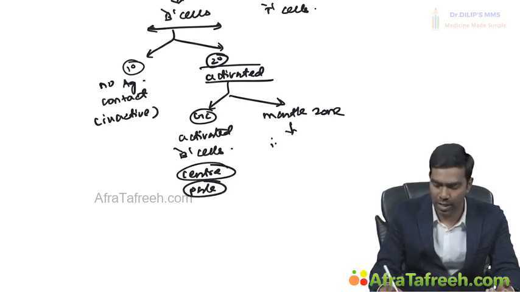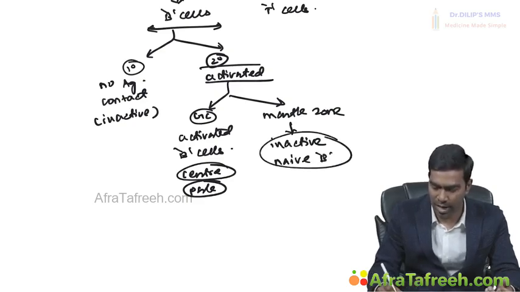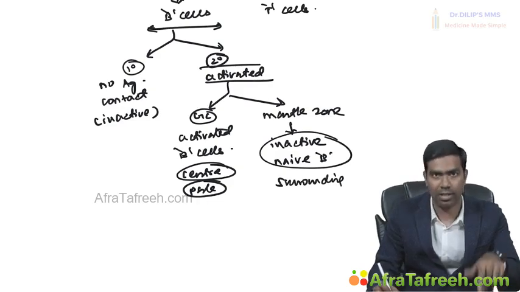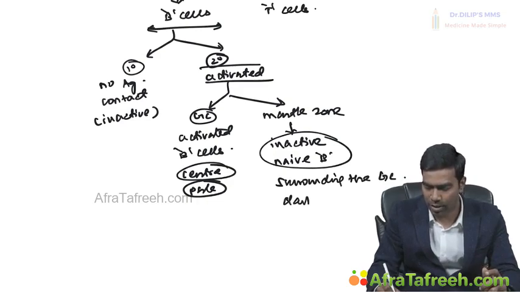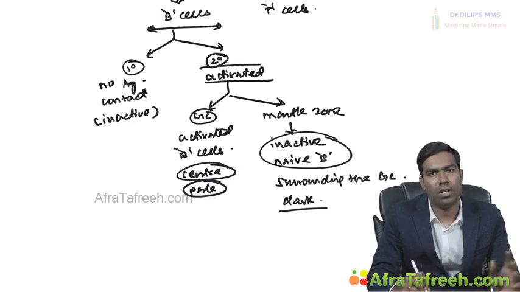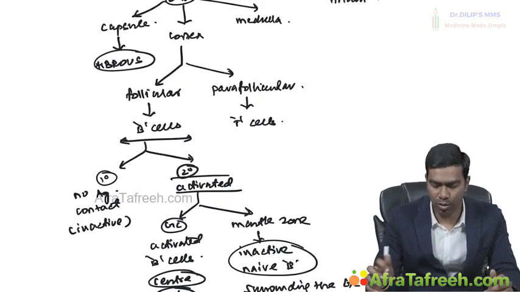The mantle zone contains inactive, naive B cells not participating in the fight, in the periphery surrounding the germinal center, and it is usually dark in nature. The parafollicular zone will contain the T cells.